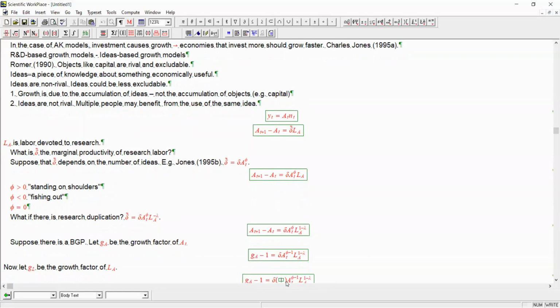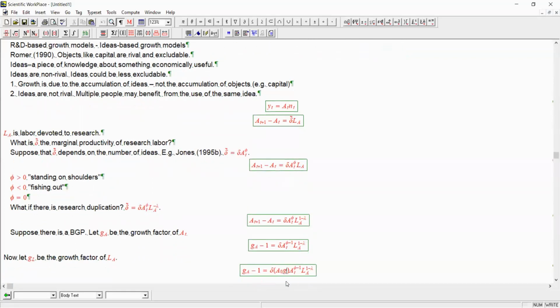We're going to have that this is some A0 where we started with by G of A to the power of T. And this is going to be some L0 times G sub L to the T. So we'll have this equation.